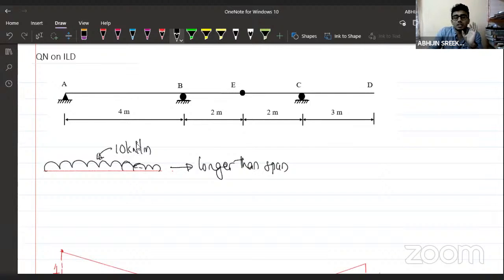If this is the question, what will you do? I'll repeat. What is the maximum reaction at the support C due to a moving uniformly distributed load of 10 kilonewton per meter, longer than the span, in kilonewton? What will be your answer?